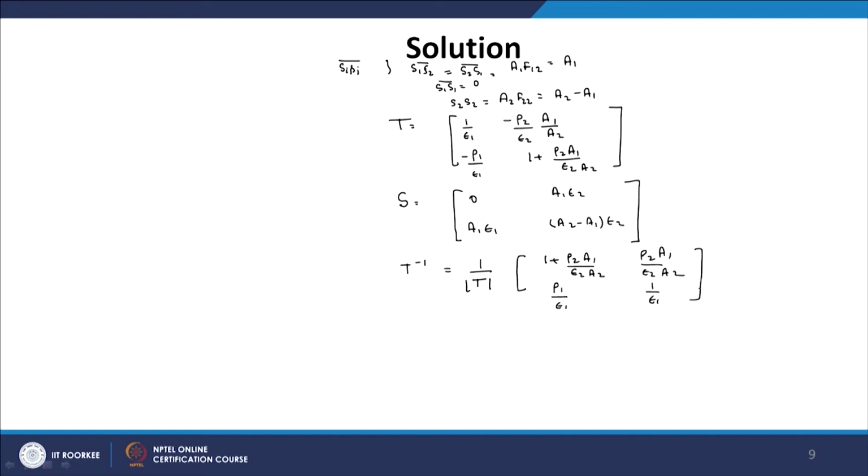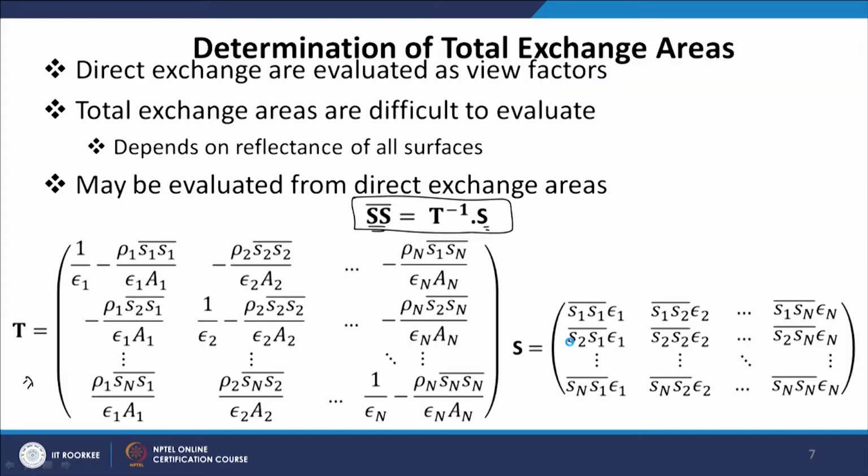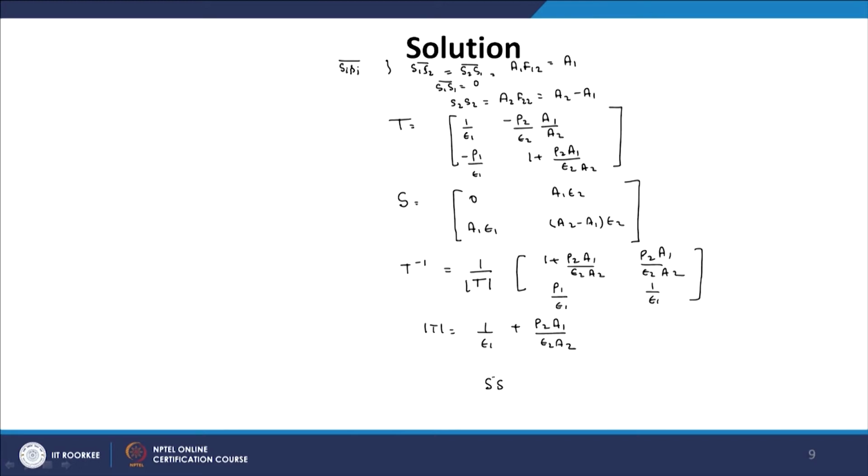The determinant of this T matrix is simply equal to 1 by epsilon 1 plus rho 2 A1 epsilon 2 A2. So we have calculated the T inverse. Now we will use the relation SS equals T inverse S, which we will use to find the total exchange area.